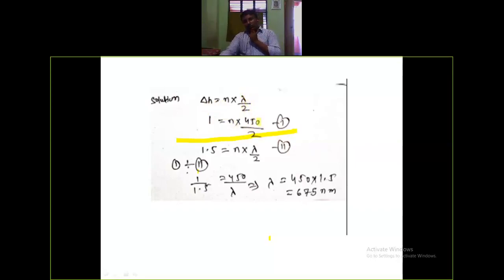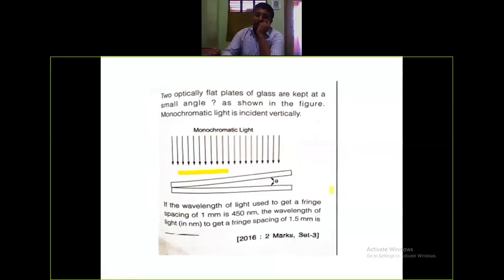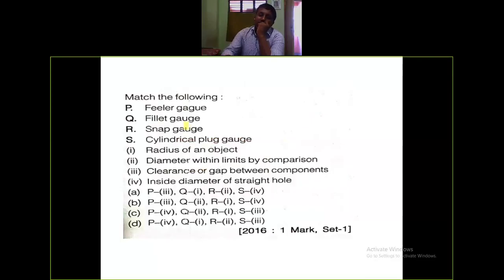Put the value of lambda 450. For 1.5 millimeters fringe spacing, what will be the value of lambda? Just divide 1.5 by 1, and you will get the lambda value 675 nanometer. Again, in this question you have to put the value. No option is given.